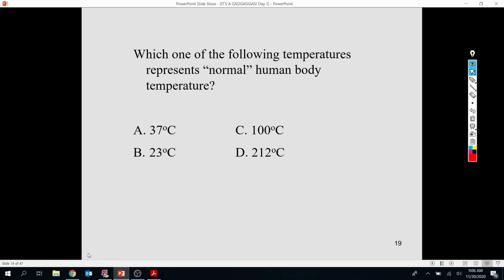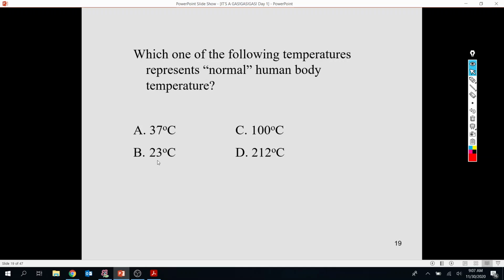So take a look at that. Now, most of you are probably familiar with Fahrenheit, which would be 98.6 degrees Fahrenheit. And that, it turns out, is right around 37 degrees Celsius. So 37 degrees Celsius is right around normal body temperature.